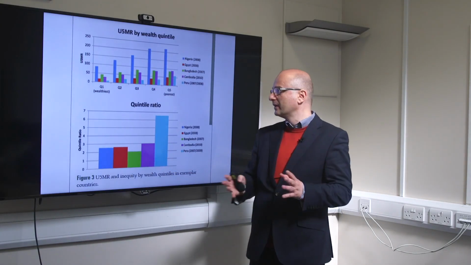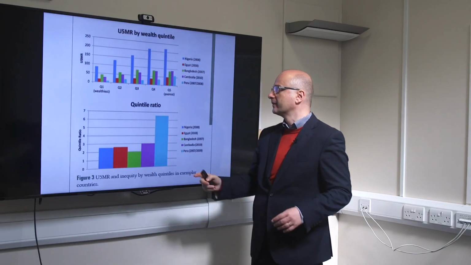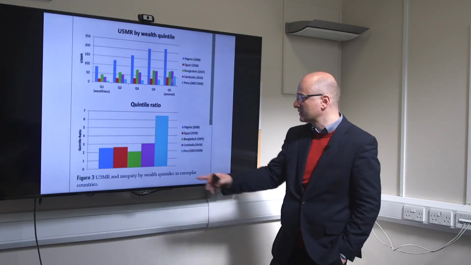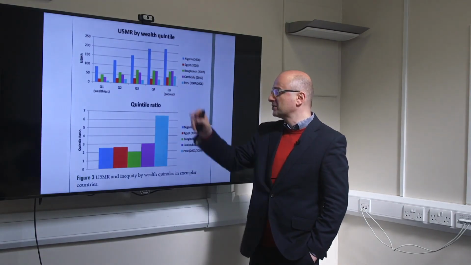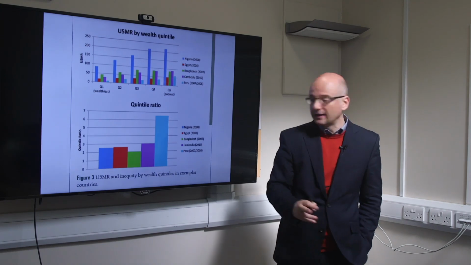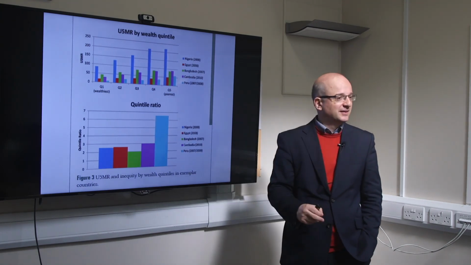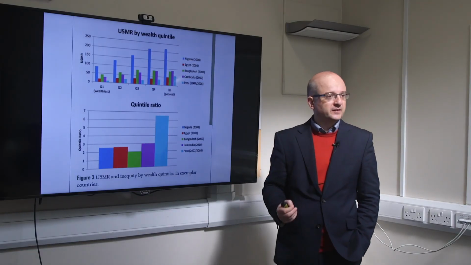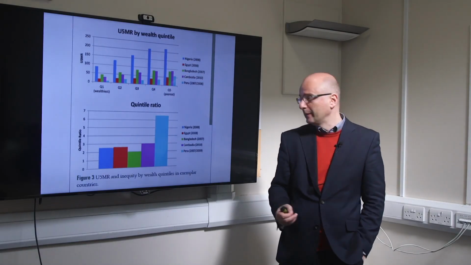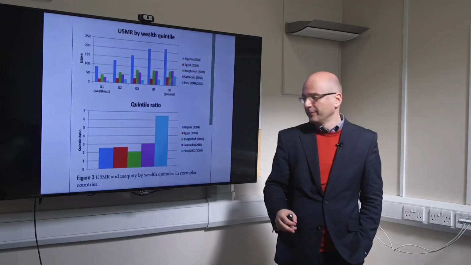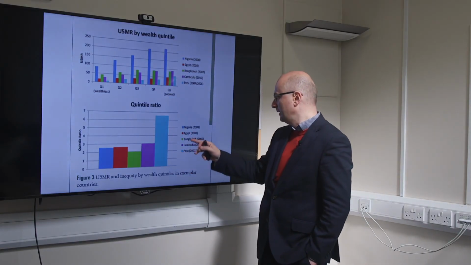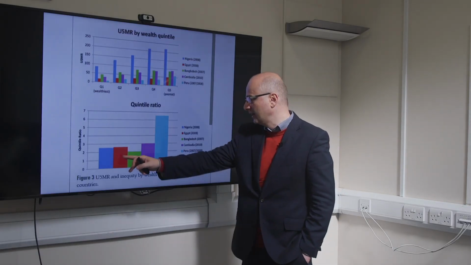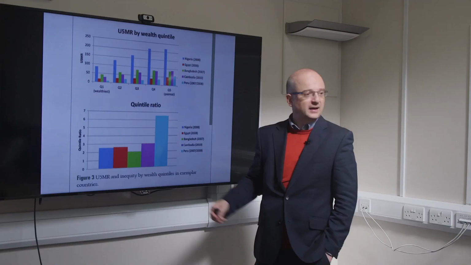Peru is not bad in terms of under 5 mortality rate, but the inequity in Peru is really striking. The child in the poorest quintile has 6.5 times greater likelihood to die within the first 5 years than the child in the wealthiest quintile. That is a shocking level of inequity, because you can see that even in Nigeria, it's 2.5 times, Bangladesh is 2 times, and Cambodia is 3 times.